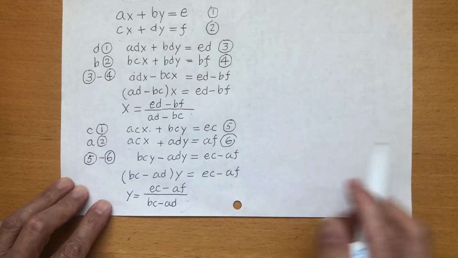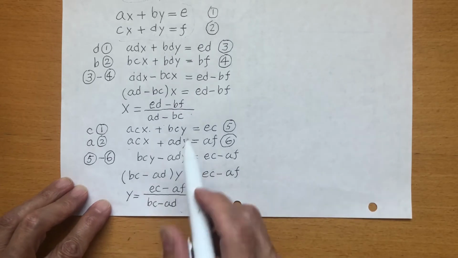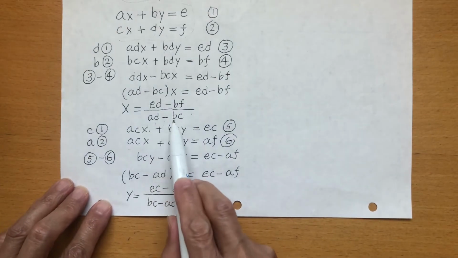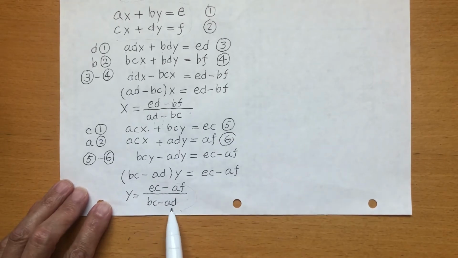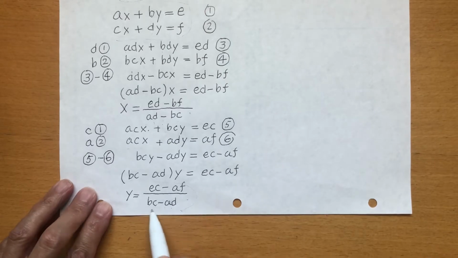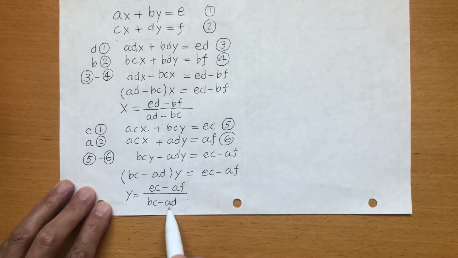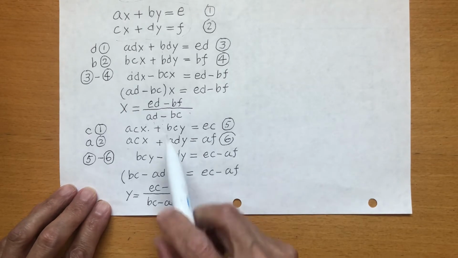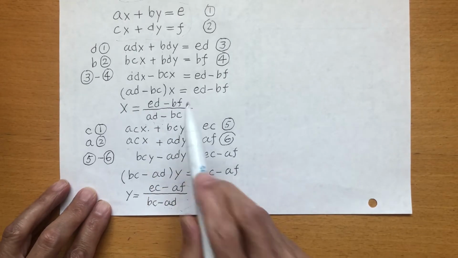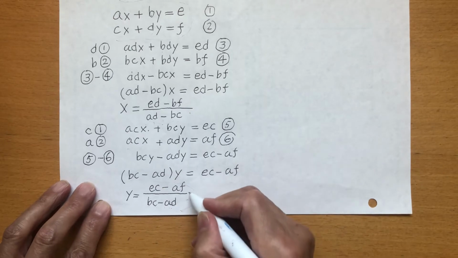Let's compare the denominator. For X, I have AD minus BC. But for Y, I have here BC minus AD. Okay, I can rearrange the terms so that I want the denominator of Y the same as the denominator of X. So I do that.